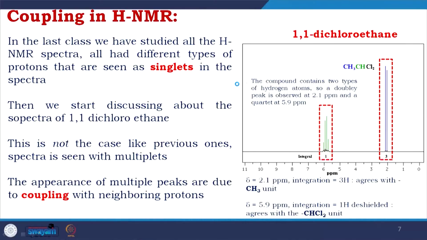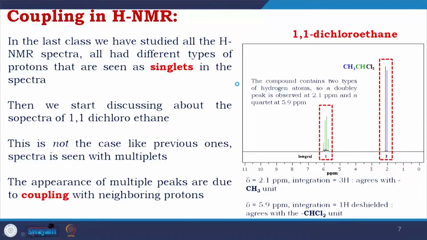When you consider the CH3, because there is one hydrogen, it will create 2 states. So, there would be a doublet. Okay. So, delta equal to 2.1 ppm, integration of 3H agrees with the CH3 unit.